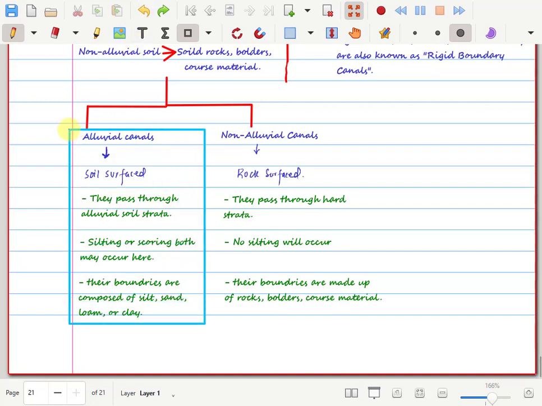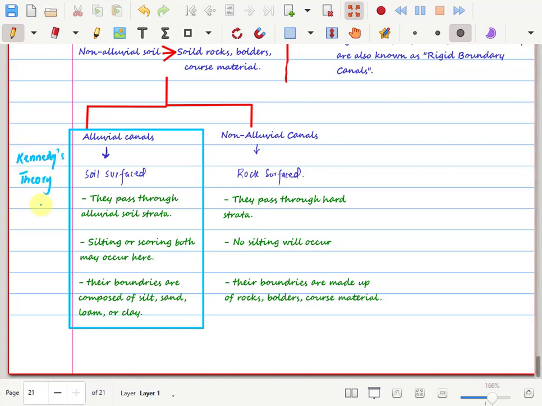This one. So we can say that Kennedy's theory is only used to design alluvial canals, right?